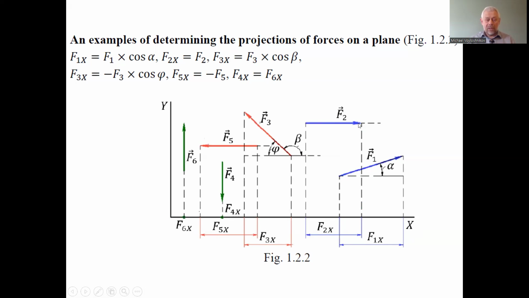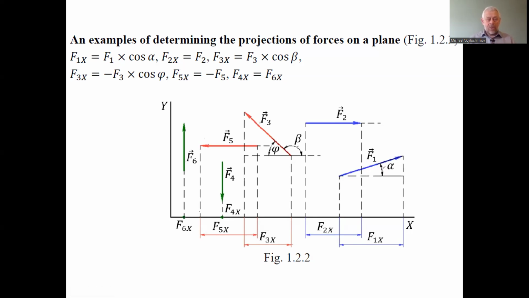The projection of F2 is equal to the magnitude of F2, so F2x is F2. This is because the angle alpha between the force F2 and the direction of the abscissa axis is 0, and the cosine of 0 is 1, so the projection of this force on this axis is equal to the magnitude of the same force.